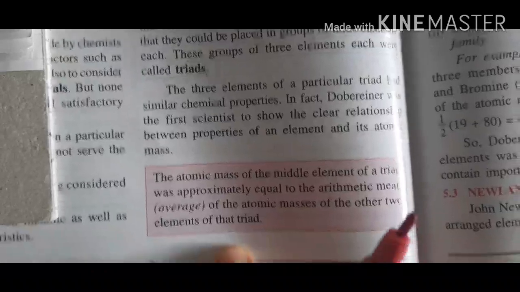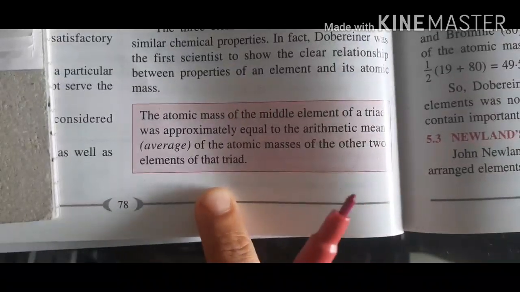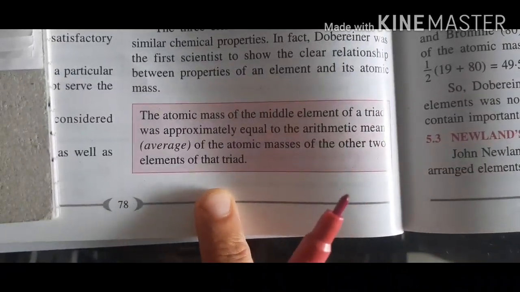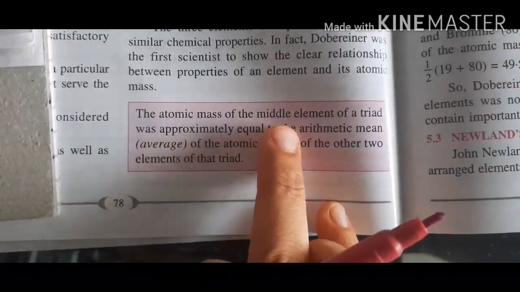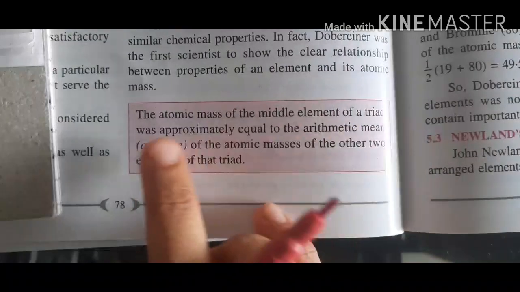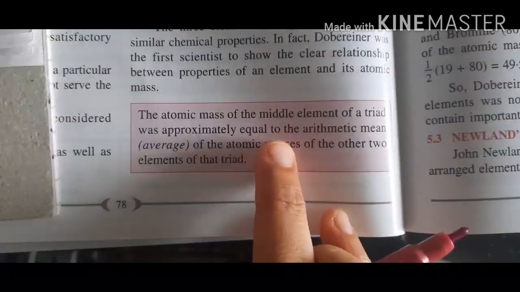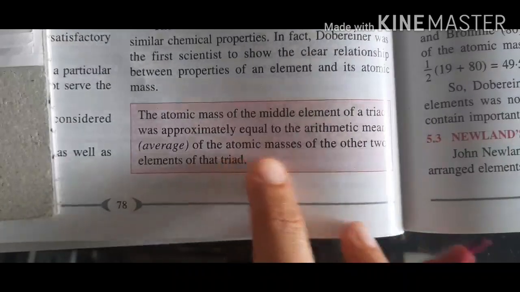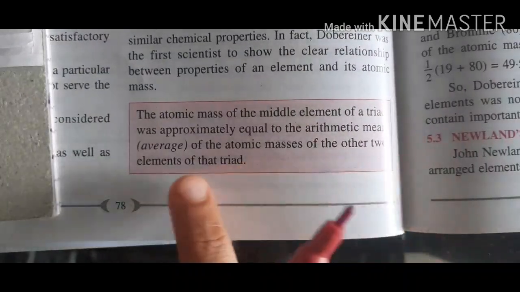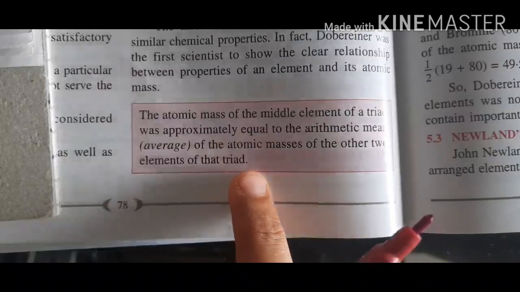First we'll see the statement given by Dobereiner about triads. The atomic mass of the middle element of a triad was approximately equal to the arithmetic mean, which means average, of the atomic masses of the other two elements of that triad. So I am telling you the meaning of that.